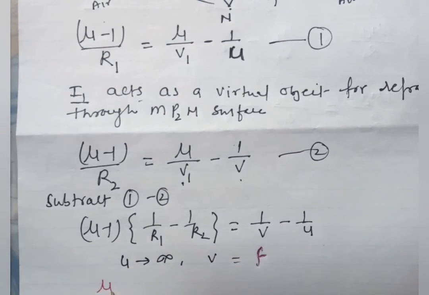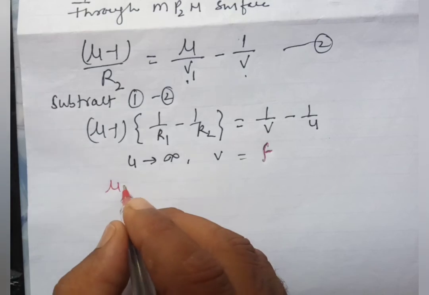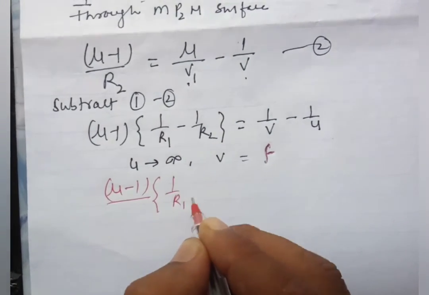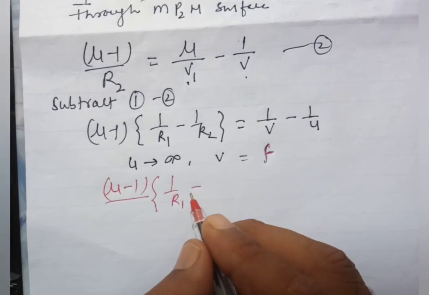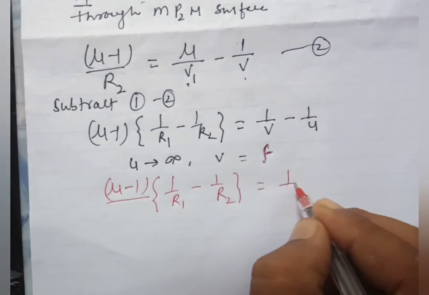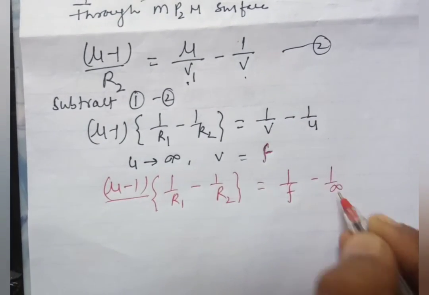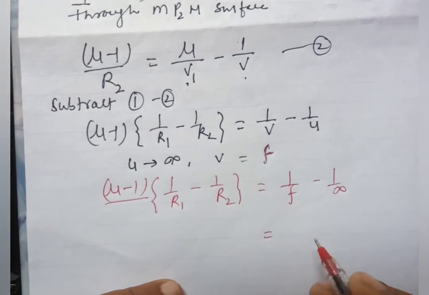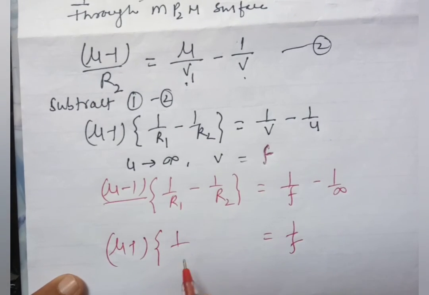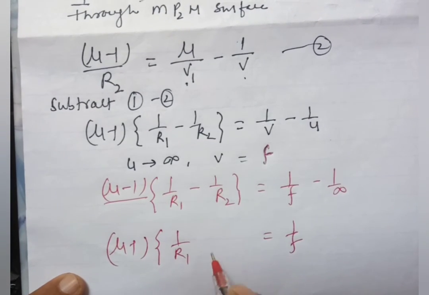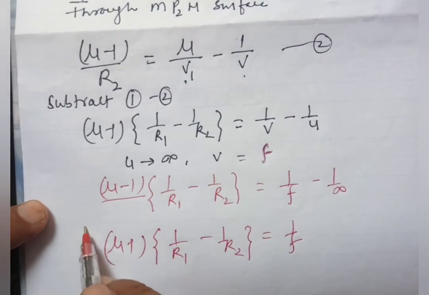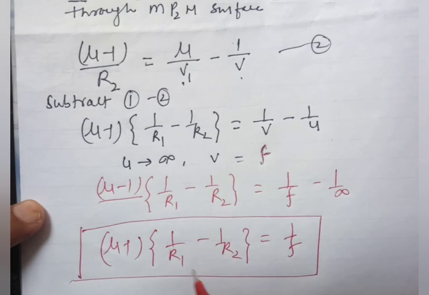So we can write mu minus 1 times 1 upon R1 minus 1 upon R2 is equal to 1 upon f minus 1 upon infinity, so 1 upon f is equal to mu minus 1 times 1 upon R1 minus 1 upon R2. This is the required Lensmaker's formula.